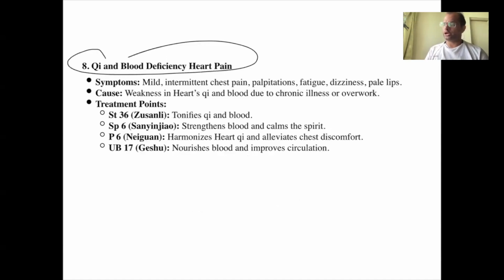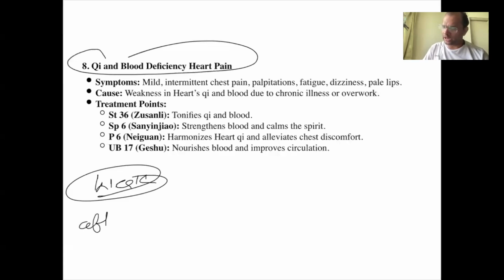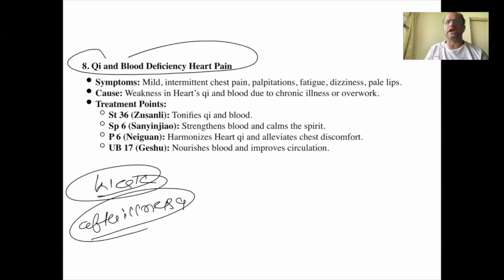Eighth, chi and blood deficiency. Chi and blood deficiency. The person is very, very weak. Commonly after illness, suppose someone is suffering with a fever, some illness, COVID-19, malaria, dengue, or some disease, and after suffering for many months, they suffer with chi and blood deficiency.